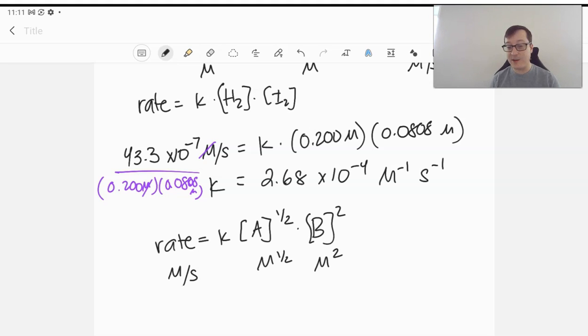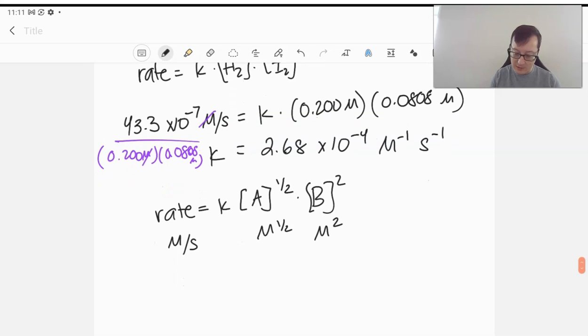And so we're going to end up overall with k equals whatever value times molar to the negative 1 and 1/2 power, or 1.5, we can say. We'll just make that easier. And then second should always generally be negative 1. So weird stuff can happen. So it's normal. You'll see weird stuff. So just be aware that these units can change.